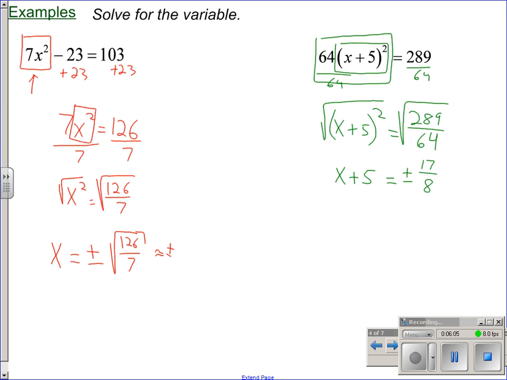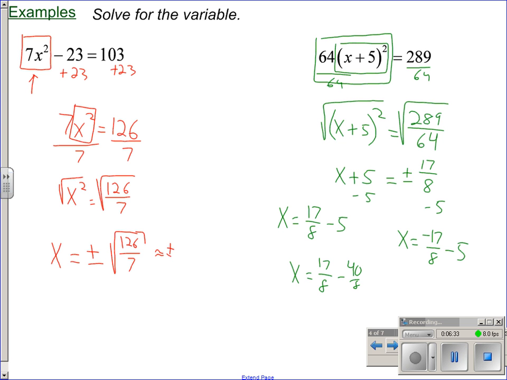We still have not solved for x. We still have to subtract 5. But now we have two numbers to subtract 5 from. We have x equals a positive 17/8 that we subtract 5 from, and a negative 17/8 that we subtract 5 from. You have to do both. Now it's just a matter of getting common denominators. 5 is 40 over 8.